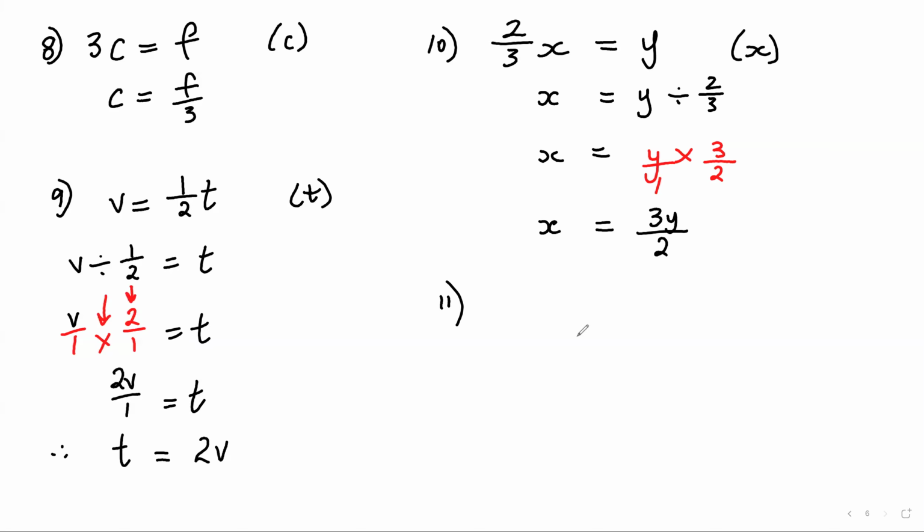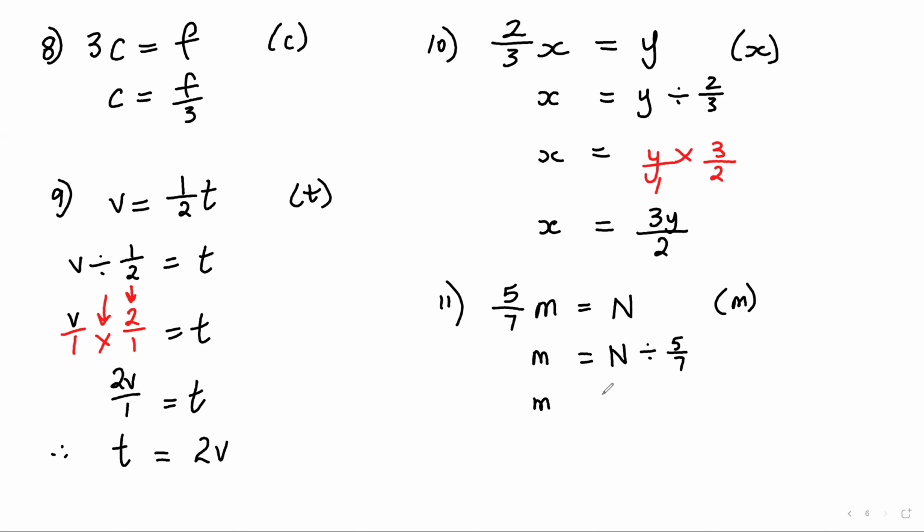So let's say I had 5/7 m is equal to n, and I want to make m the subject. Well, to make m the subject, I would have to divide by 5 over 7. So m is equal to n divided by 5 over 7.